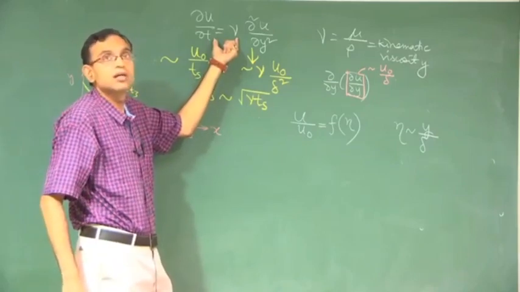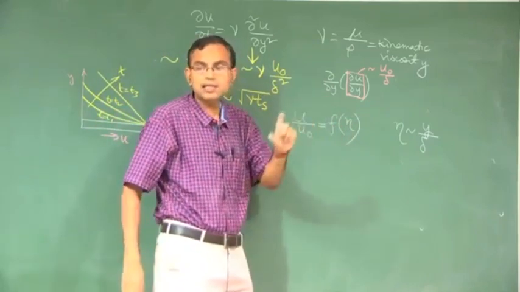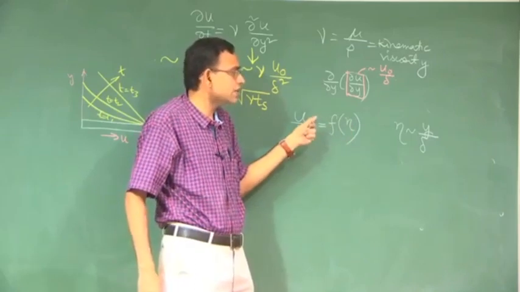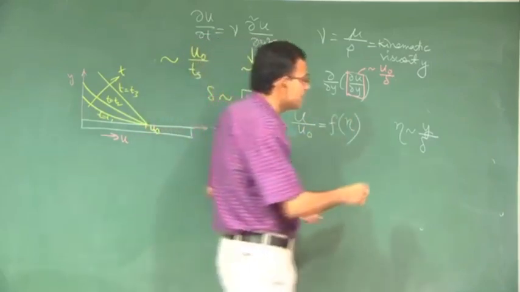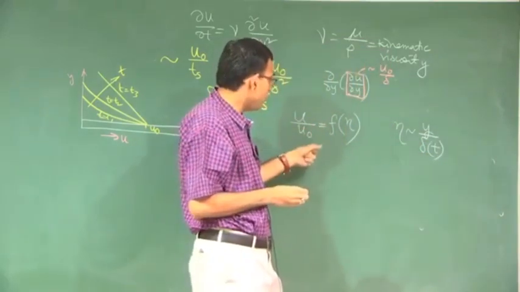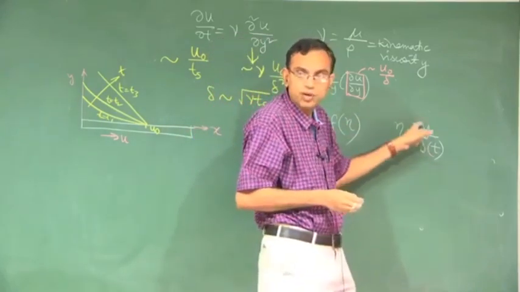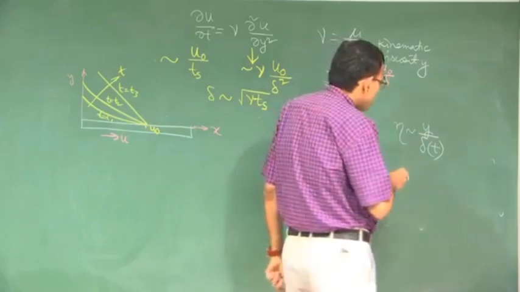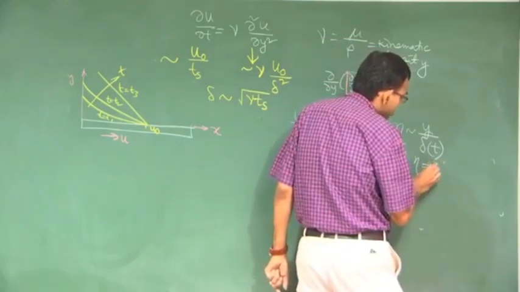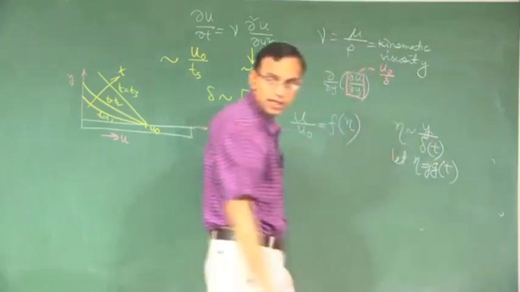If you are not in a position to convert this, then such a similarity does not exist. So, u may be a function of y and t, because delta is a function of t, but u by u0 is a function of a single variable eta, which itself includes both y and t. So, let us say eta is equal to y into g of t, where g of t scales with 1 by delta.